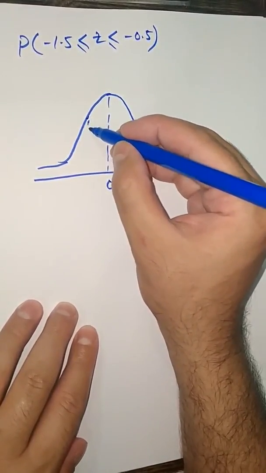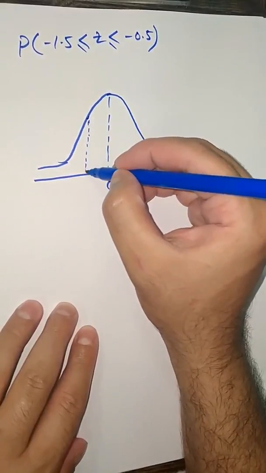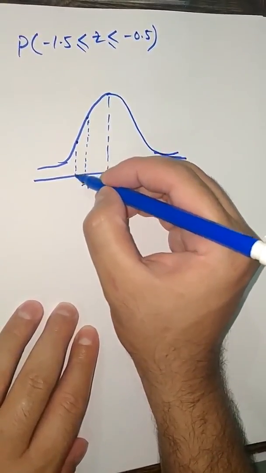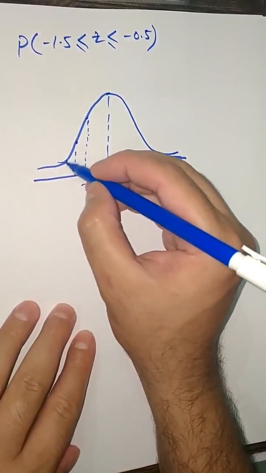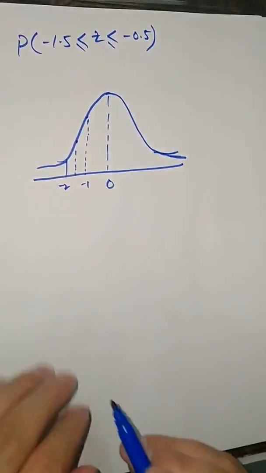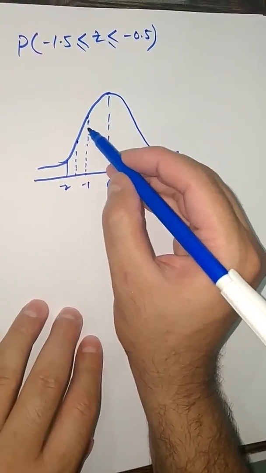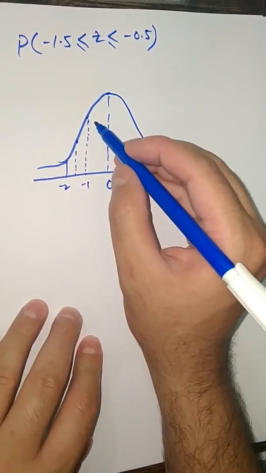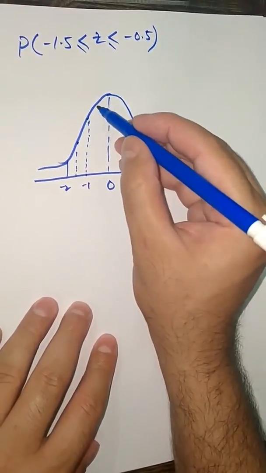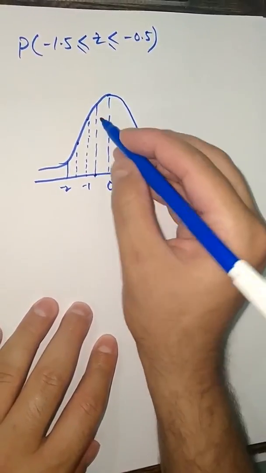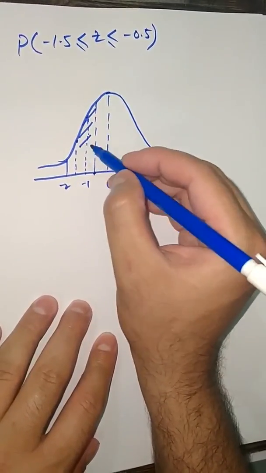This is minus 1, here is minus 2, and I have to find the probability in this region.